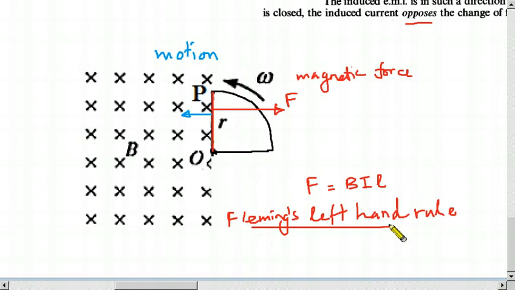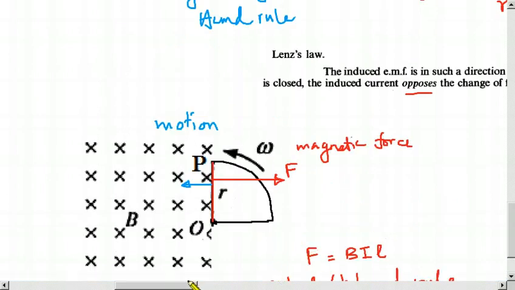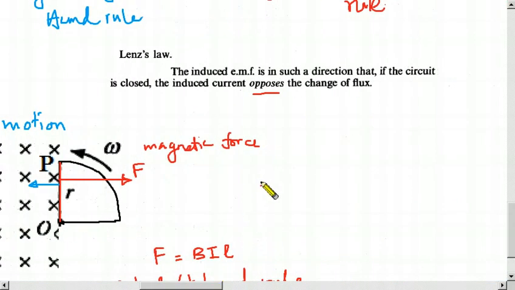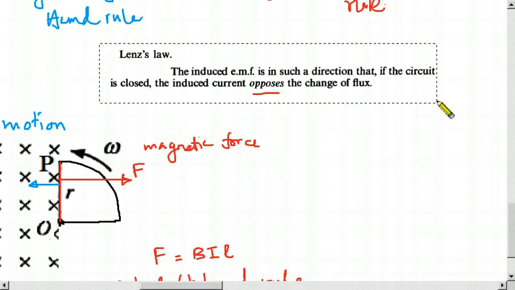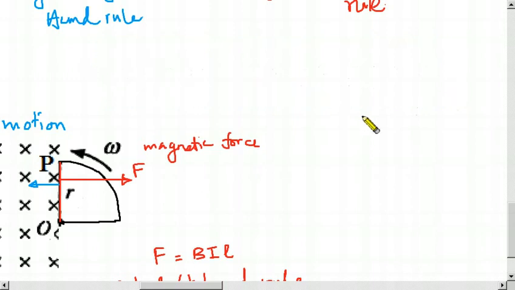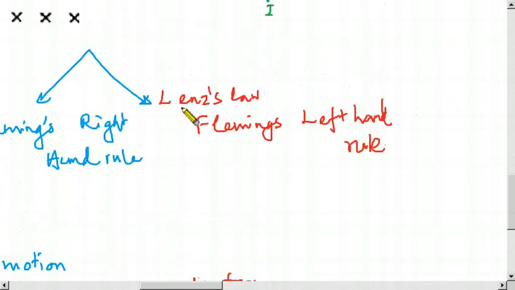Fleming's left hand rule. So that is what we are going to use to support this Lenz law. Since we have now found this opposing direction, now we don't want Lenz's rule. That is what we get from Lenz's rule, this word opposing, opposes. So let us delete that.